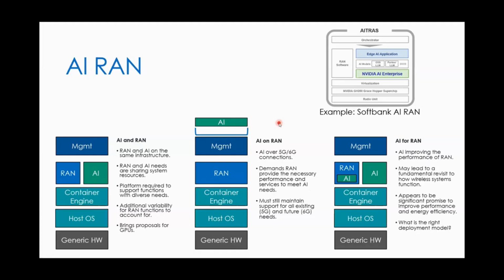Then there's AI on RAN, meaning the RAN is being optimized and used to provide AI functionality sitting on top. So really it's just another application that would be using that wireless interface, and having RAN optimize for those particular use cases. And then there's AI for RAN, meaning taking AI and using it to improve the performance of the RAN itself.